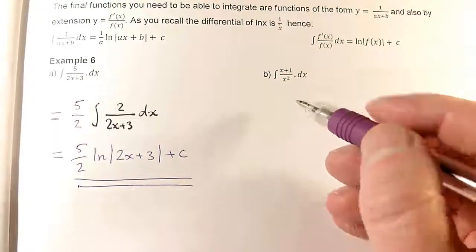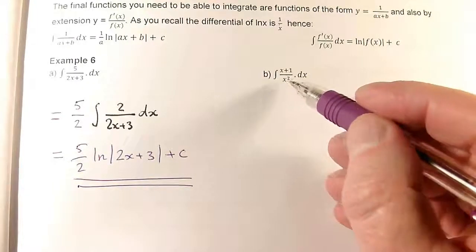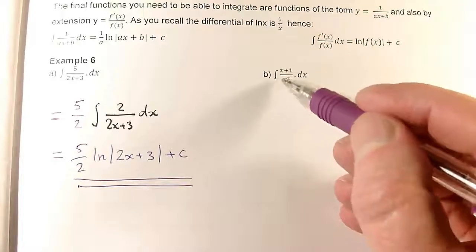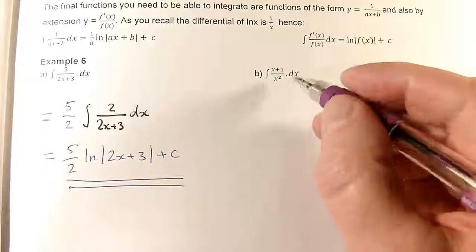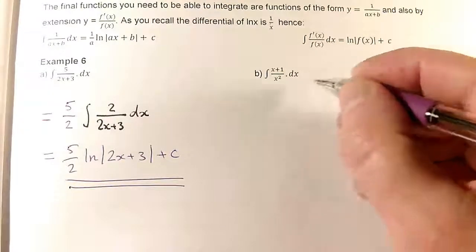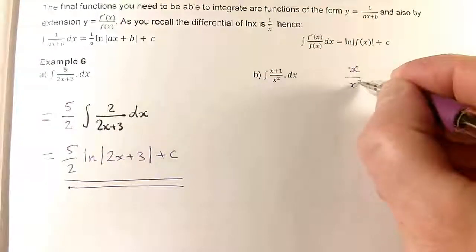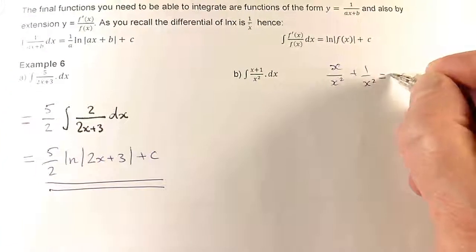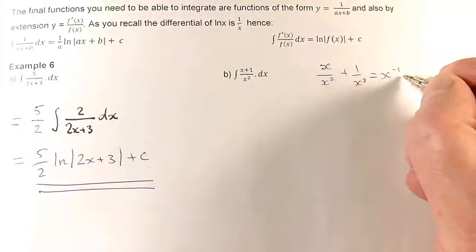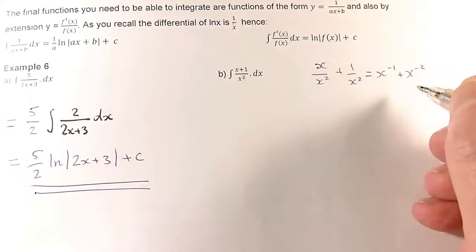So for part B, is the top the derivative of the bottom? No, it's not. In fact, this fraction I'm going to have to split up, aren't I? So this x plus 1 over x squared, this should remind you of core 2. In core 2, you'd have done something like x over x squared plus 1 over x squared, and you'd have got x to the power minus 1 plus x to the power minus 2, and then you'd have differentiated these using the power rule.